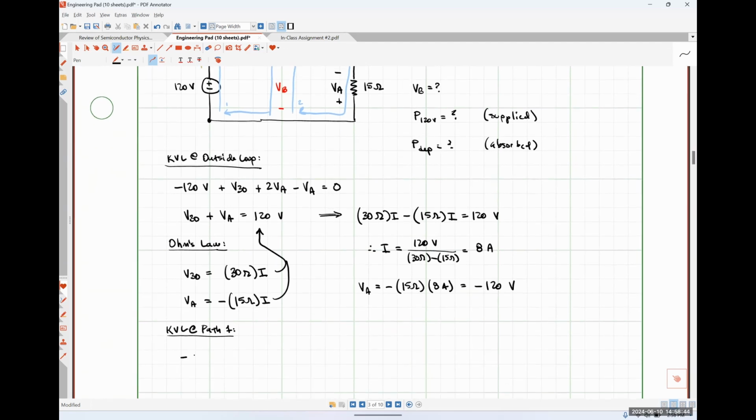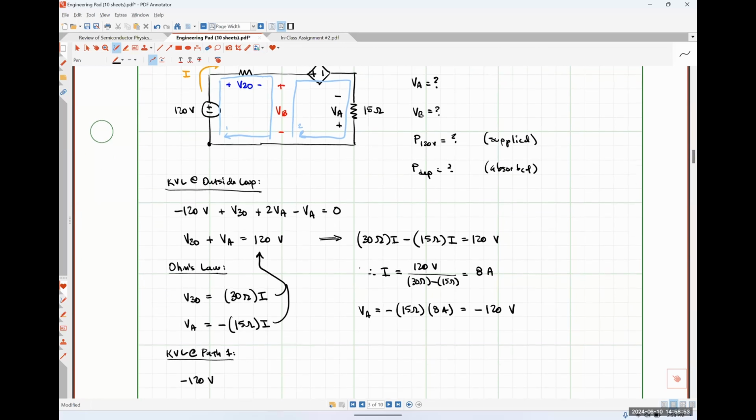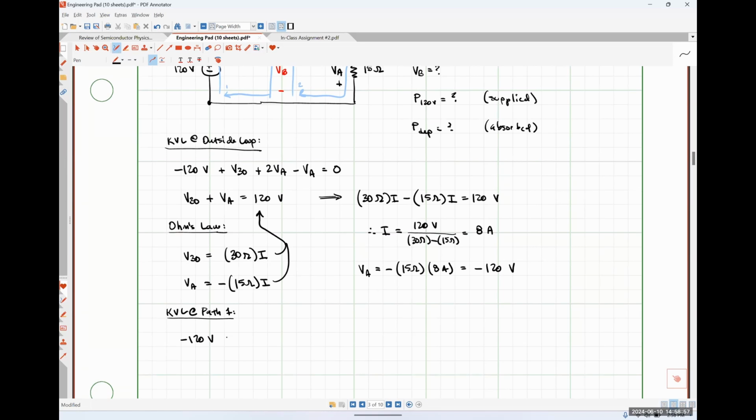So I'm going to do negative 120 volts. The next thing that I see is that voltage drop V30, because I've already defined it in terms of that current I. I'm just going to put plus 30 ohms times I here.